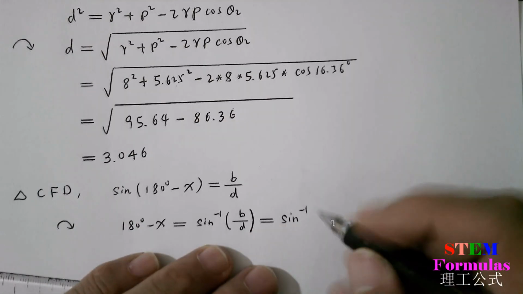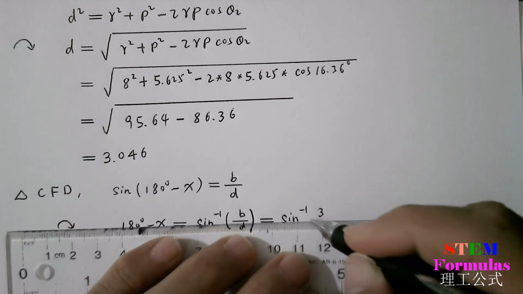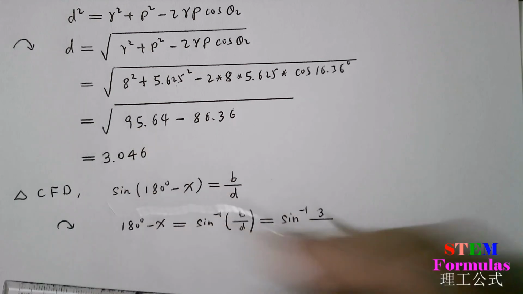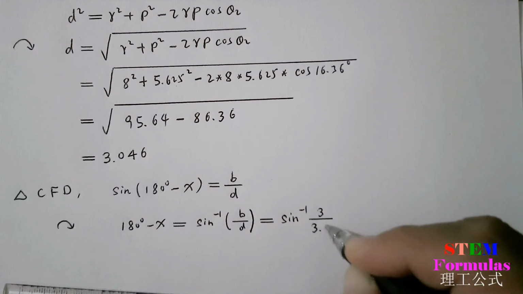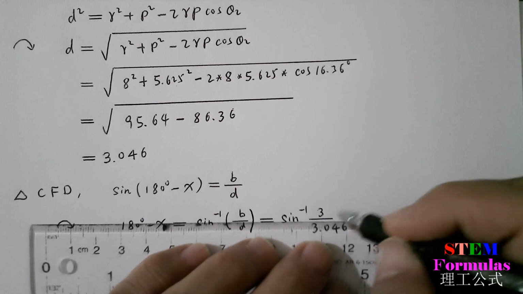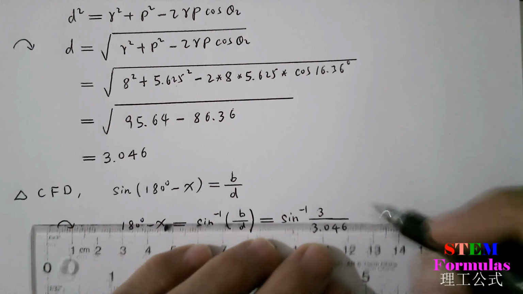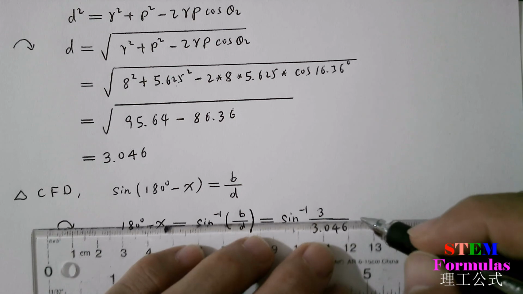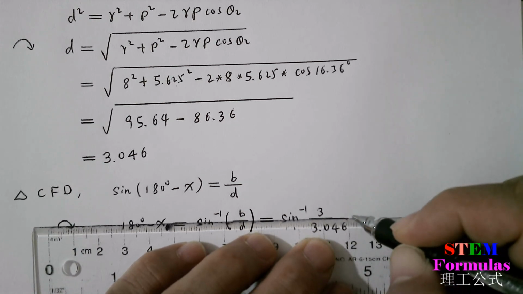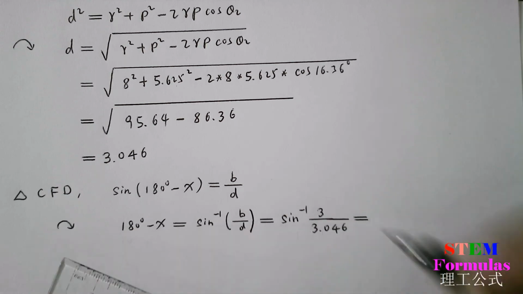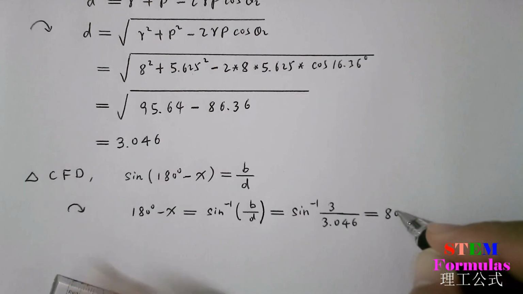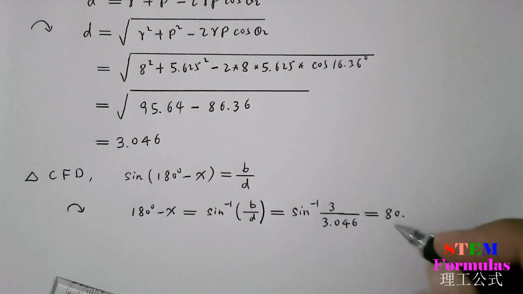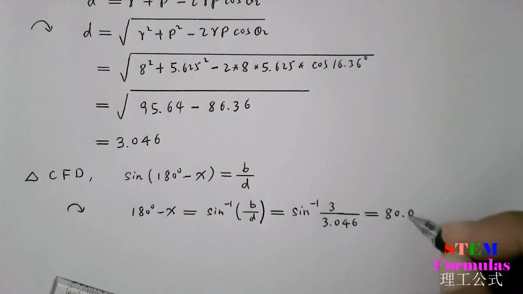B is given 3, divided by D we calculate here 3.046. So this is 80.03 degrees.